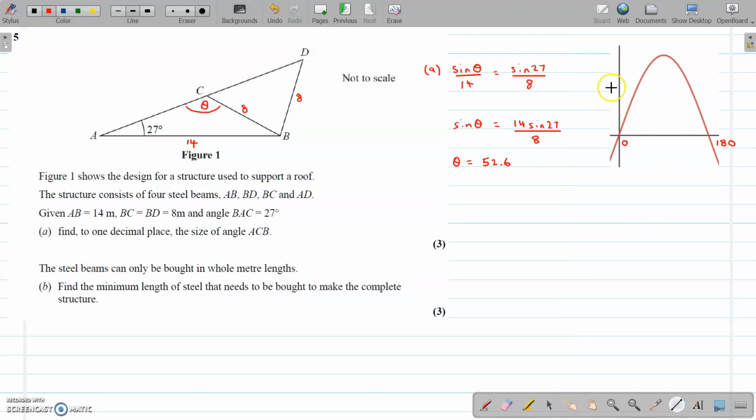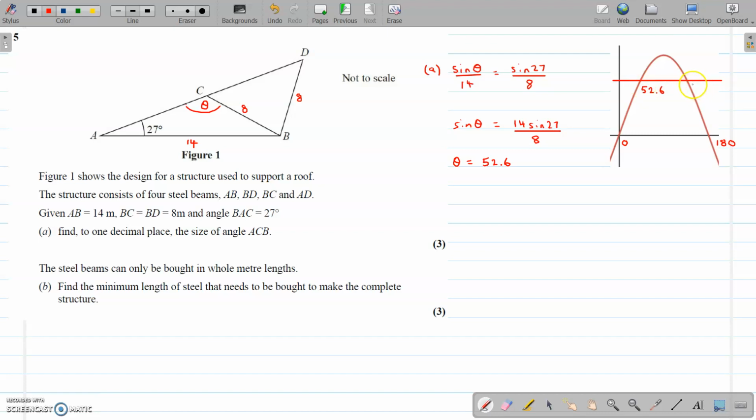We found a value which leads us to find this 52.6. Okay, but what we've actually found is this one here, 52.6. But there's another solution below 180, which is this one here.